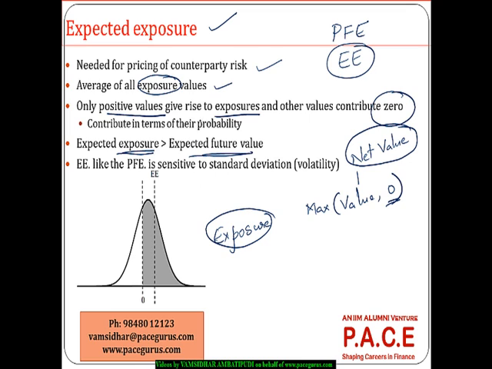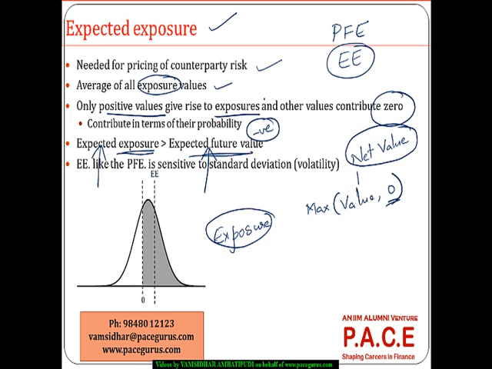Expected future value could be negative, it could be positive, it could be anything. Whereas when I'm talking of expected exposure, I'm taking the average only of the positive terms, which means this number will always be greater than this number, because this number could even include the negatives also.